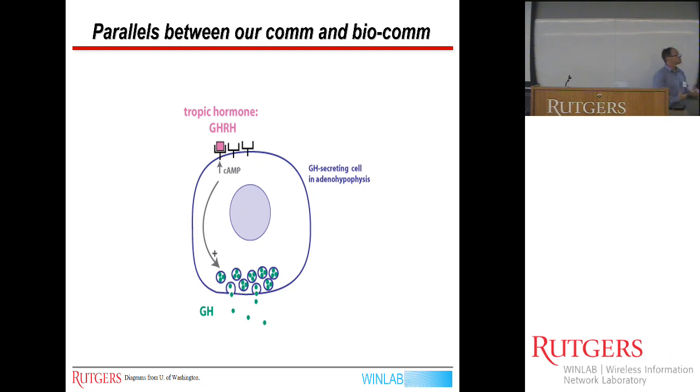Its job is to go to the pituitary gland and tell the growth hormone producing cells in your pituitary gland to either produce or stop producing. It then gets received by a cyclic AMP receptor on the surface of the cell, so it does some binding, and that causes the release of this growth hormone.